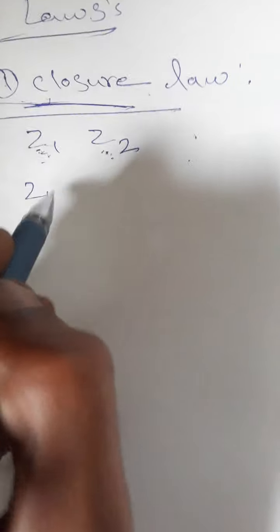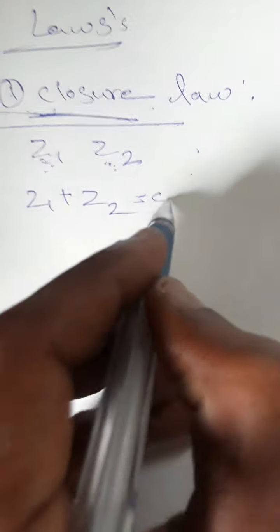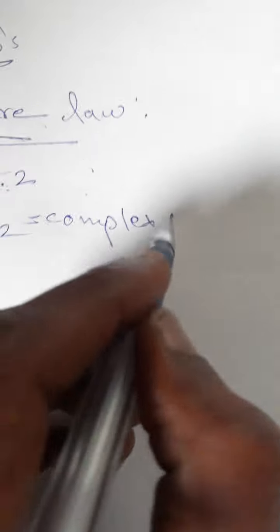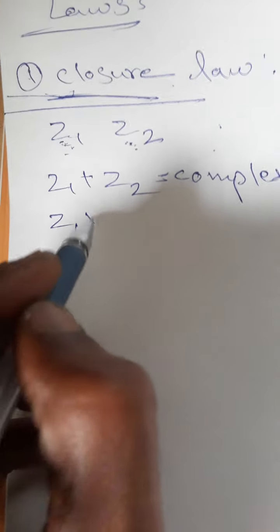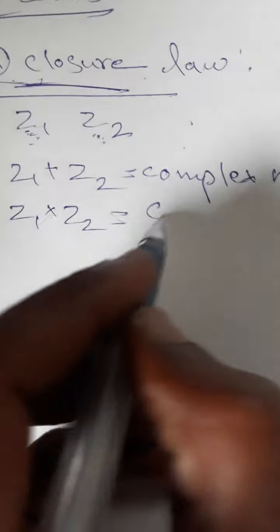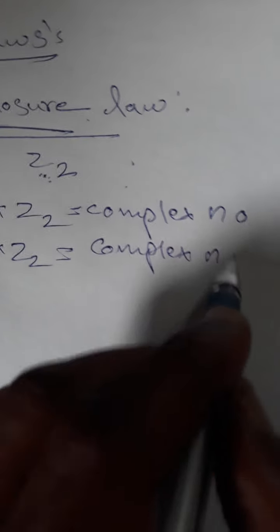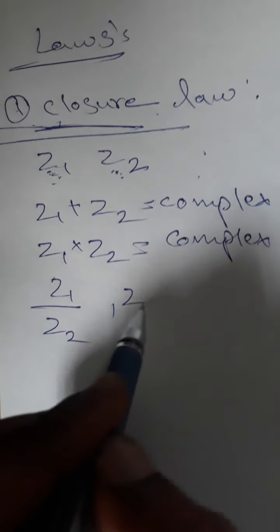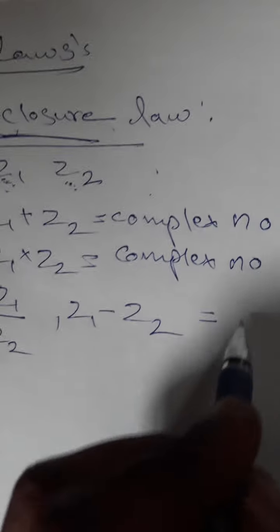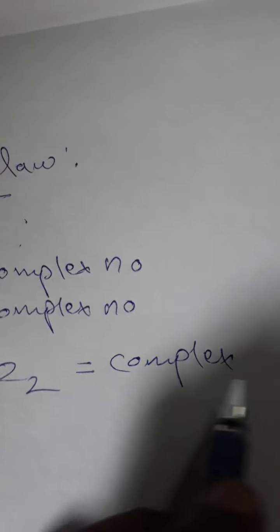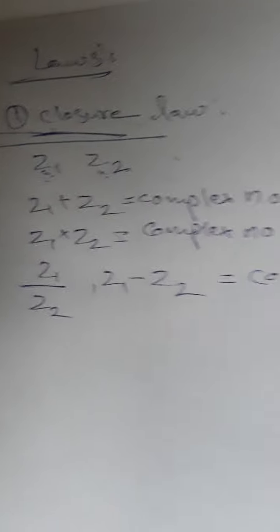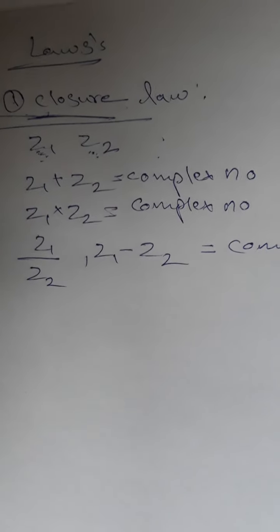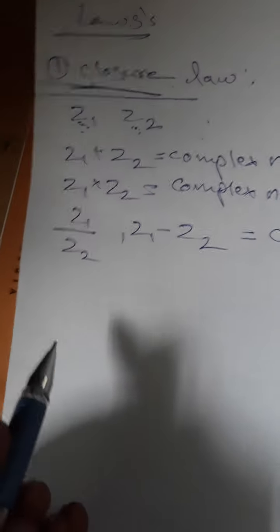So the closure law is z1 plus z2 is again a complex number, and z1 into z2 is again a complex number. Then z1 divided by z2 or z1 minus z2, we will be getting again a complex number. So in all these four operations, remember the closure law is satisfied.